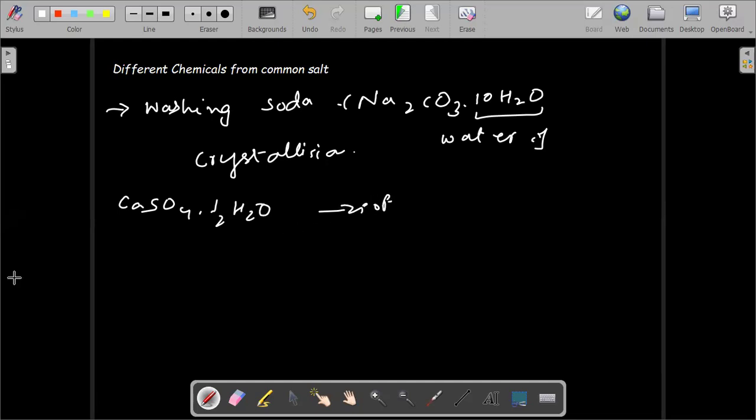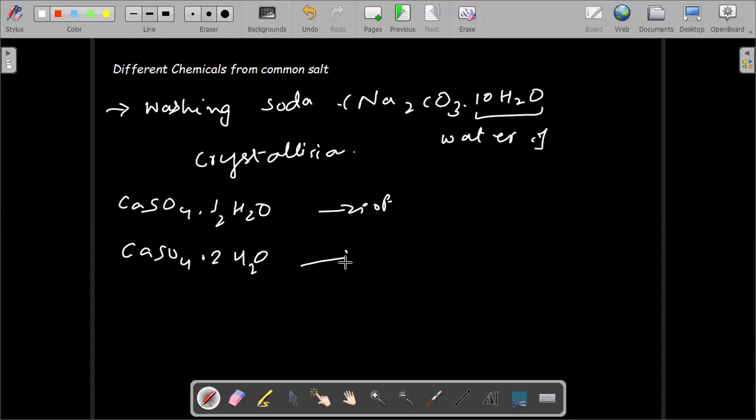Then the next one, gypsum. The formula for gypsum is CaSO4 dot 2H2O. How many water of crystallization are there? 2H2O.